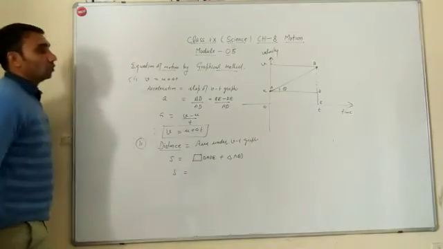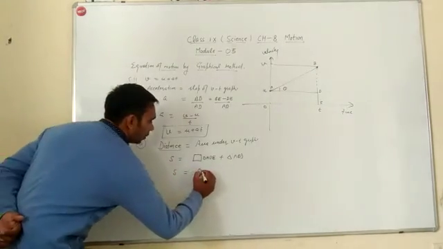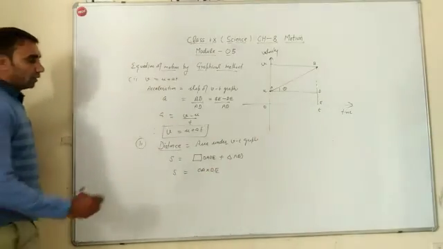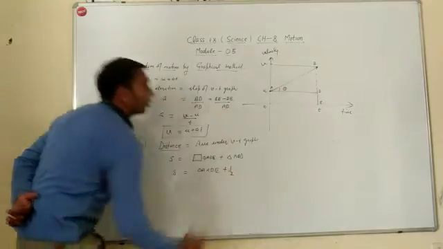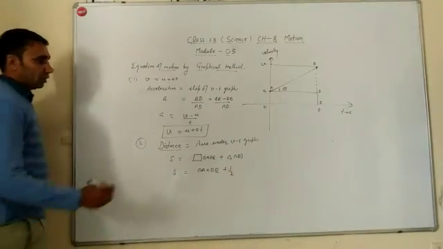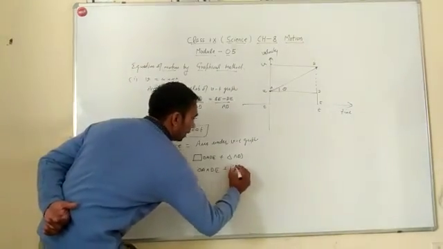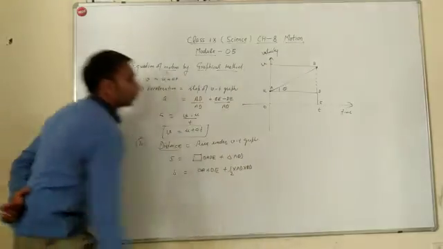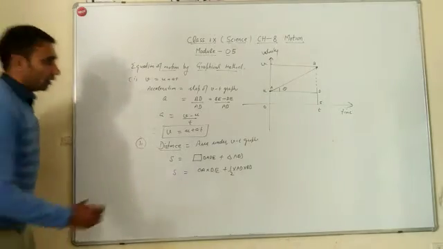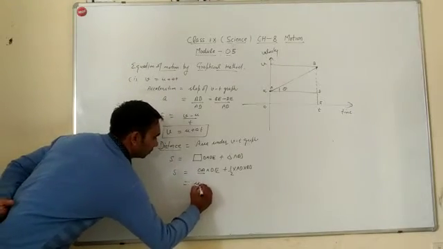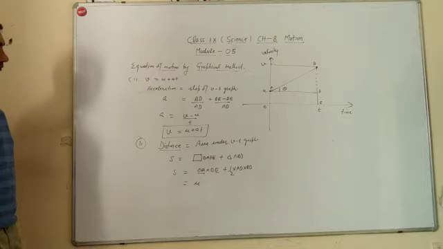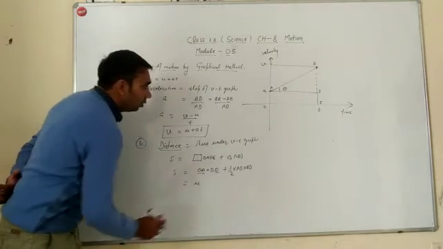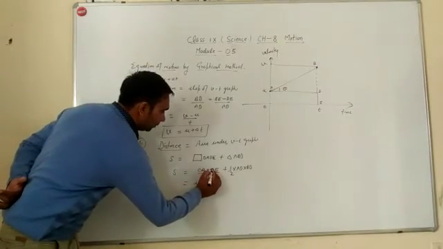Therefore, S is equal to OA multiplied by DE plus the area of triangle, 1 by 2 base into height, AD multiplied by BD. OA is equal to u. DE is equal to OA multiplied by OE.